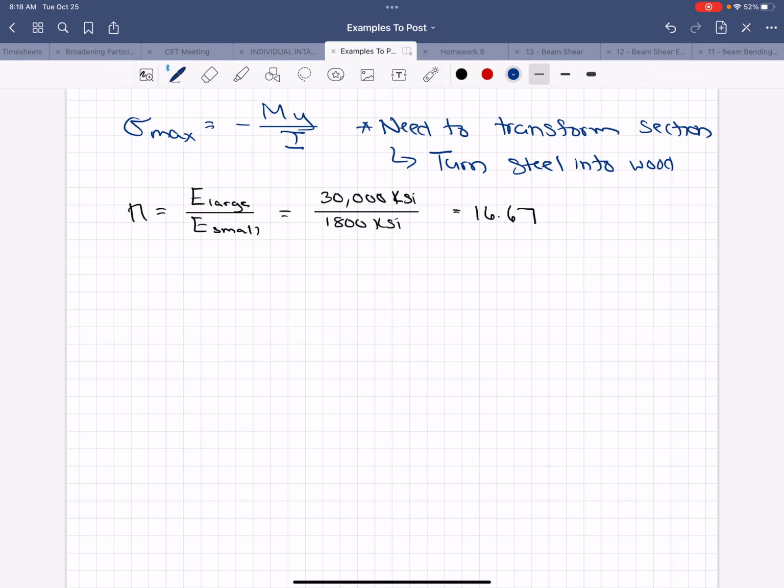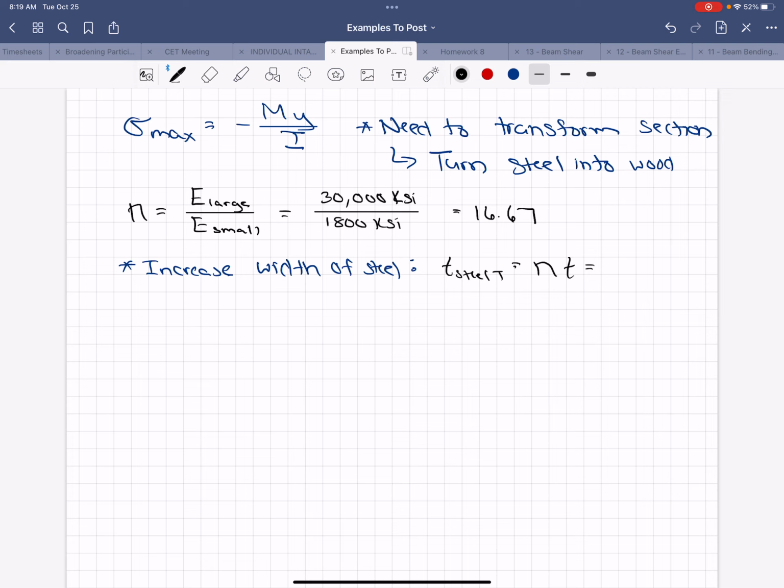Now we need to increase the width of steel. We never increase the height. So now we have that the new thickness of steel transformed is going to be equal to n times the original thickness.